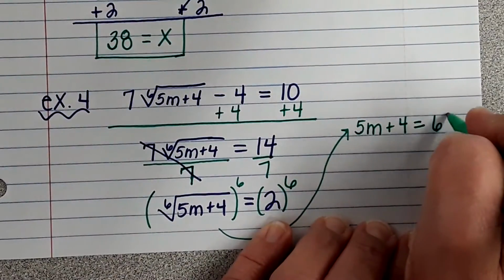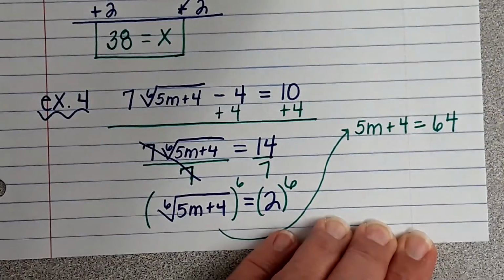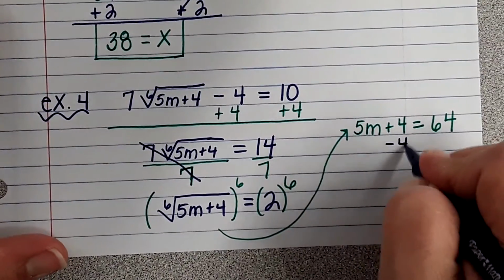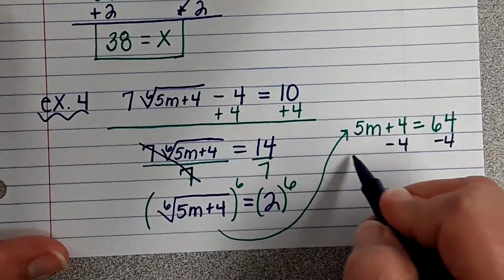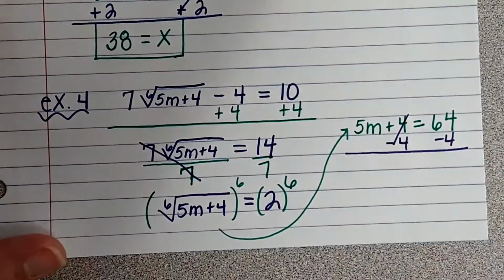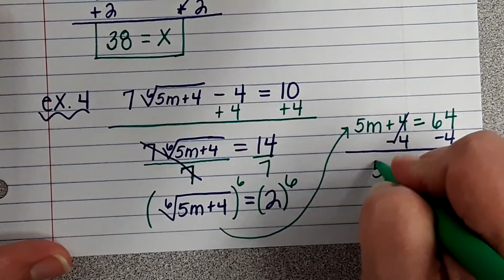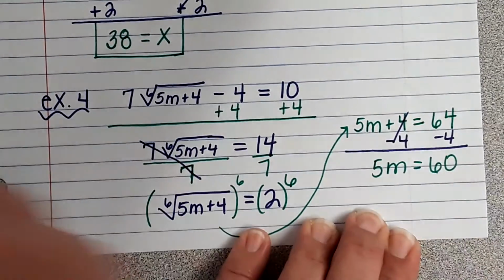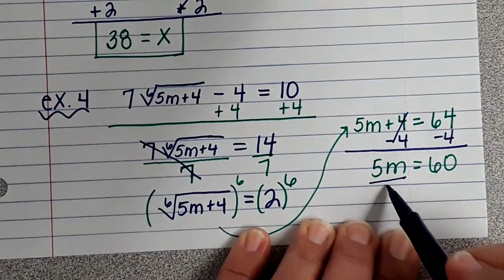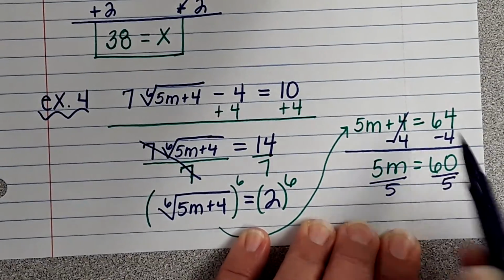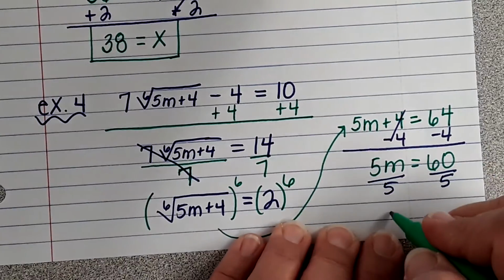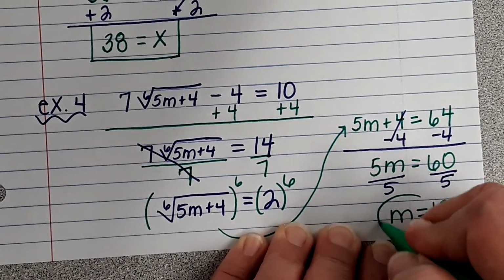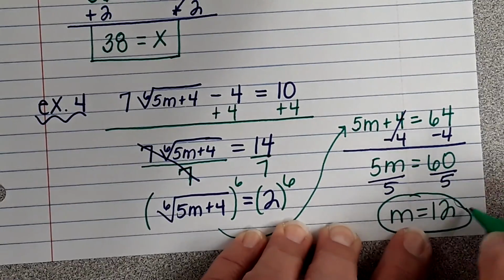Okay. Subtract the 4 from both sides. 5m equals 60. Divide by 5, m equals 12.